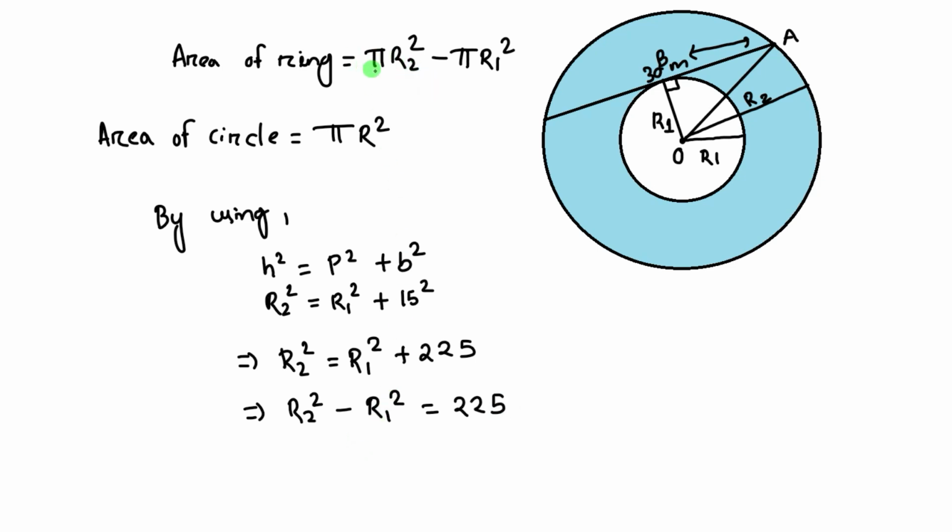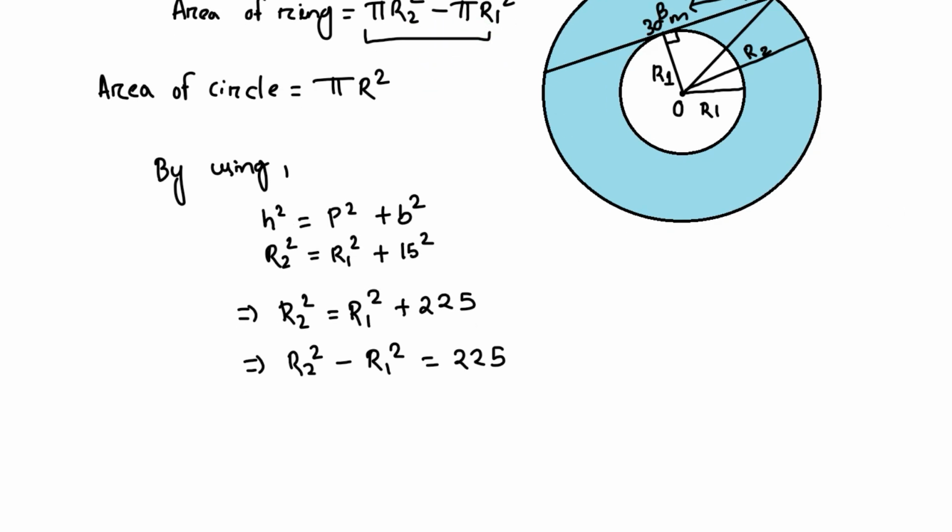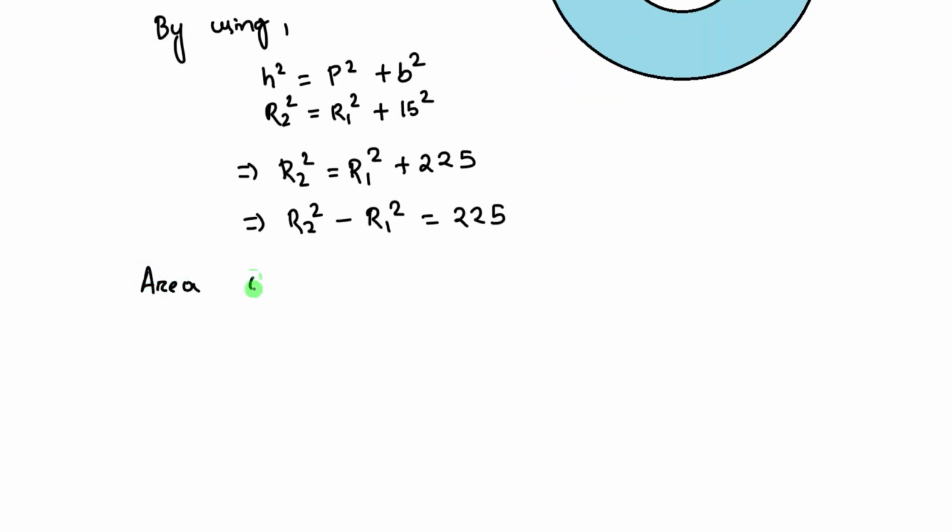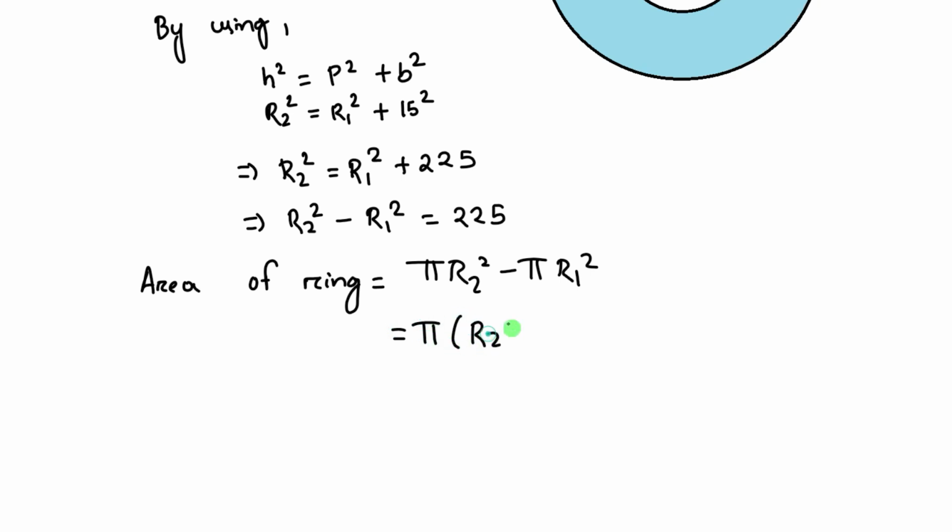Now as you know, the area of the ring is nothing but pi R2 square minus pi R1 square. Now I'll take pi common, so pi multiplied with R2 square minus R1 square.